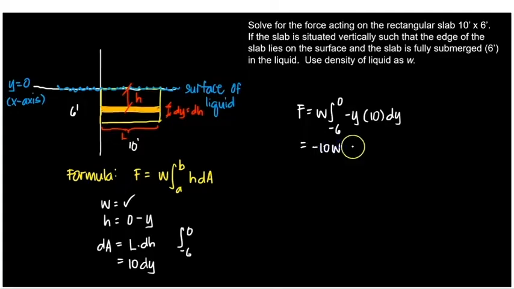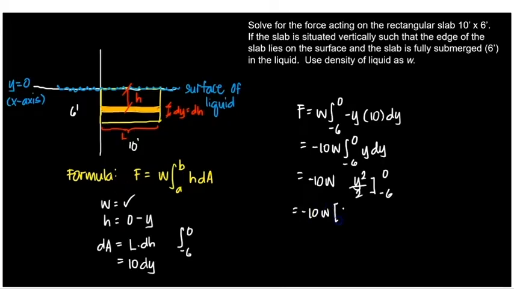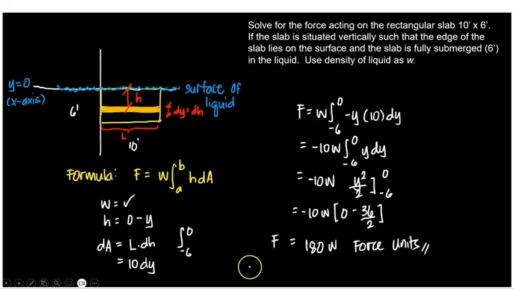Negative 10W, integral of y dy, negative 10W, y squared over 2 from negative 6 to 0, negative 10W, 0 minus, that's 36 over 2, that's 18. Therefore, 180 W force units, because we're not given any units. So it's this one. Let's try another one.